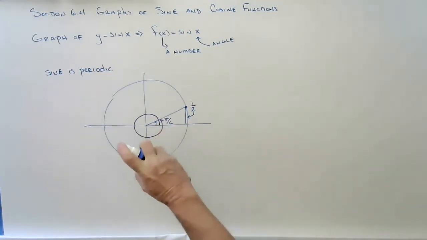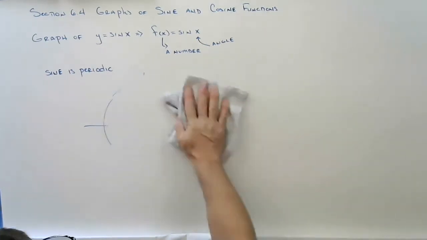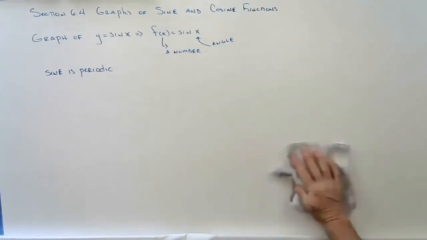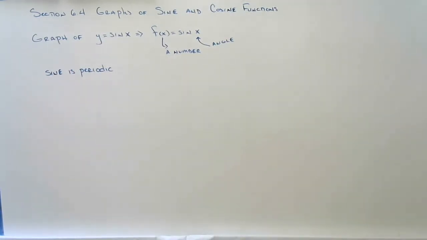So when we draw the sine curve, that periodic characteristic of sine helps us because the curve, the graph, is going to repeat itself over and over and over again. Our job is to graph one period, right?